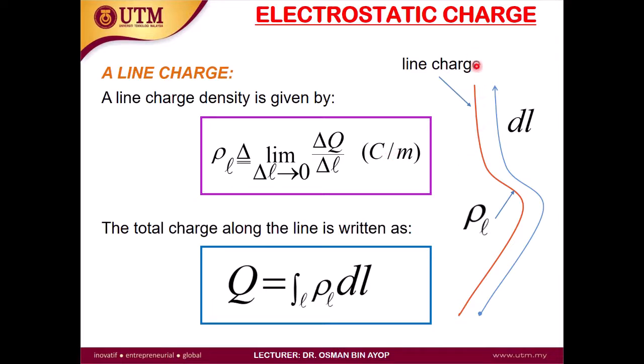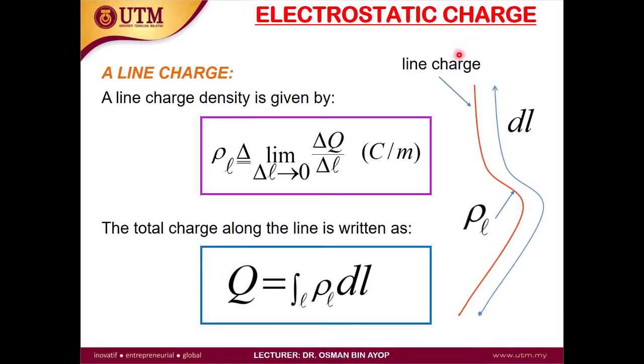Let's say I have a total charge Q inside the line, and the length is L. So I can find the line charge density by dividing Q by the total length, Q over L, so I get rho L. If we know the line charge density and we want to find the total charge inside the system, we can do integration, where the total charge Q is equal to the integration of rho L dl. dl is the length.